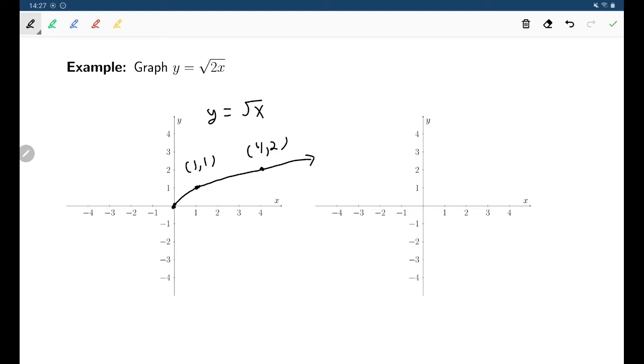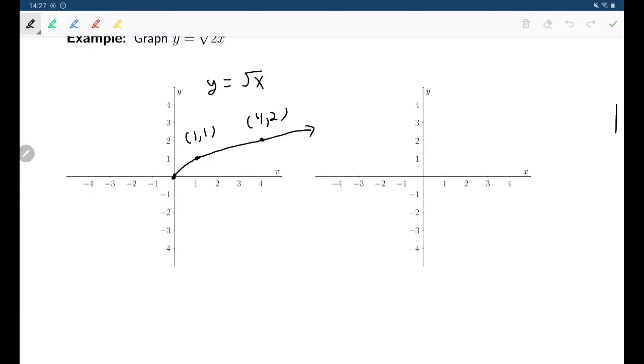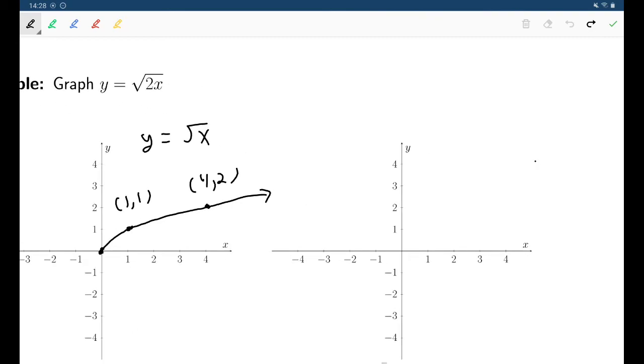For our follow-up graph, y equals root of 2x, what we're going to be doing is taking every x-coordinate from the original graph and dividing it by 2. So for (0, 0), dividing the x-coordinate by 2, it still stays as a 0.